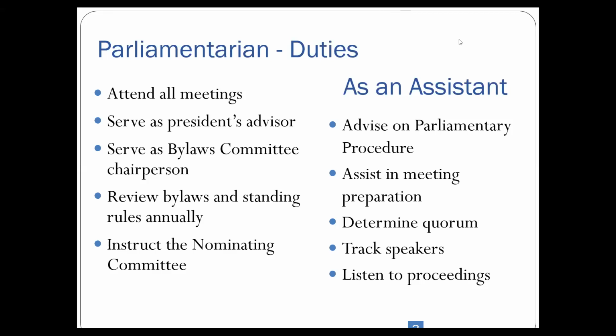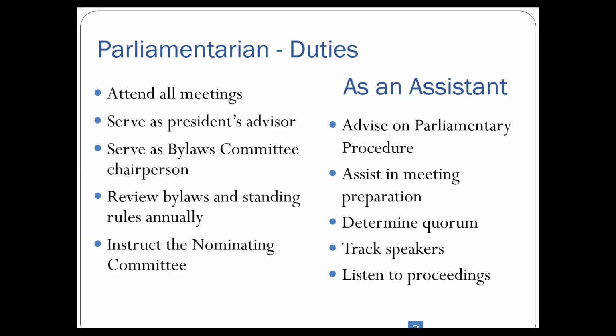You will determine the quorum during the meeting, because of course you cannot conduct business if you don't have a quorum. You will track speakers during the debate of a motion, and you'll listen to proceedings and advise the president by gently letting them know if something seems to be going awry and out of order during the meeting.